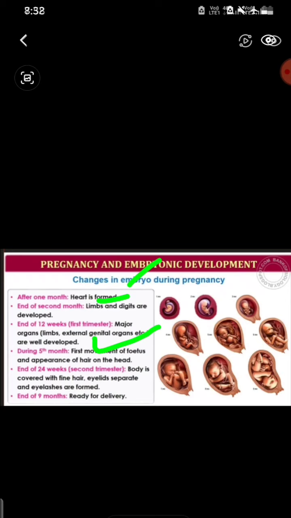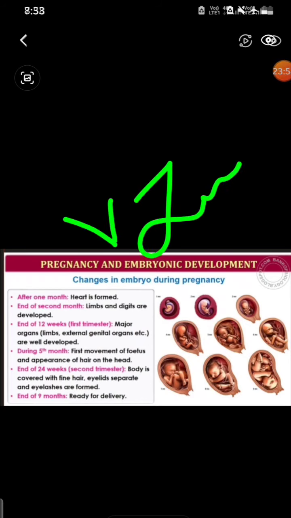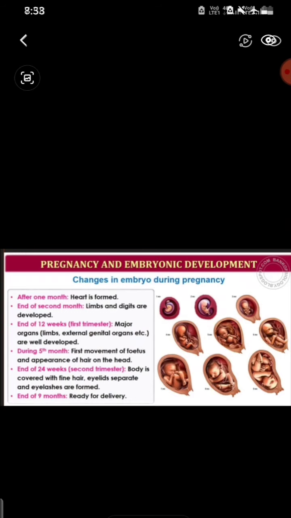During the 5th month, movement of the fetus and appearance of hair on the head will occur, and by the end of 24 weeks, that is the second trimester, the body is covered with fine hair, eyelids separate and eyelashes are formed, and at the end of 9 months it is ready for delivery. So very important. Any time questions may arise about how the baby will be at what stage, for example during the 5th month.